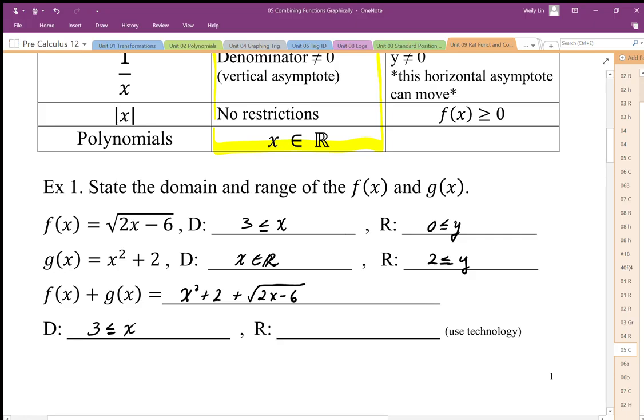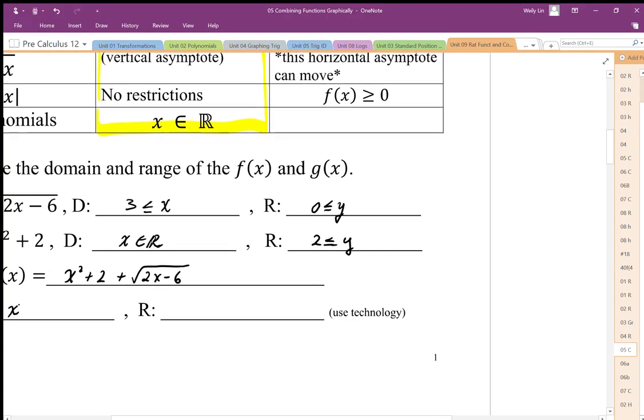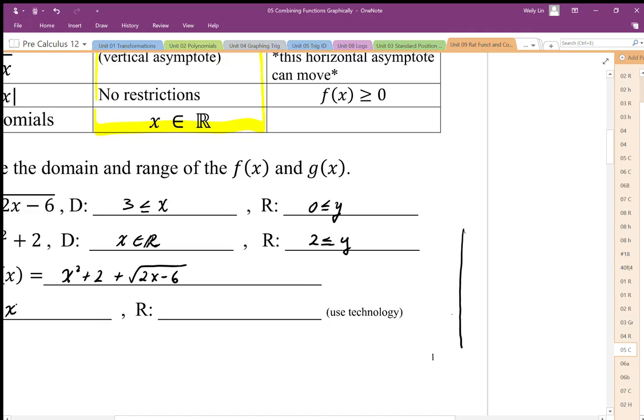Now the range we're going to for now do by graph. So we're going to graph this and look at the range. When I graph this function, I'm going to use my graphing tool, and I end up with a graph that pretty much looks like this. We know it starts at 3, and when x is 3, we end up with y is, I think, 11.